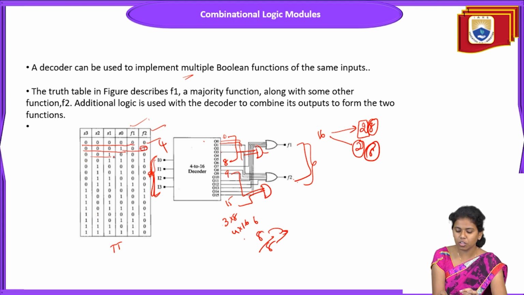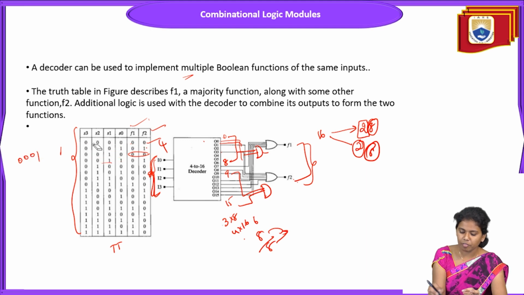If it is 0, 0, 1, 0, then it is connected to both. So 0, 0, 1, 1. As per these combinations I am connecting, and if my combination is 0, 0, 0, 1, then I am connecting this 1 to F2.